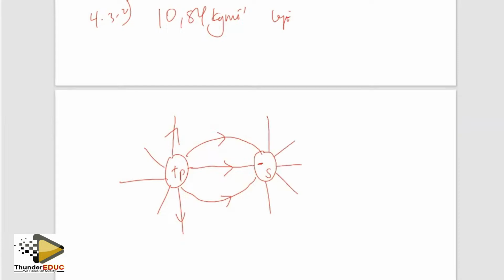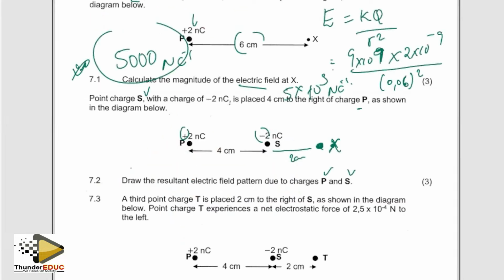It's 1, 2, 3, 4, 5. 1, 2, 3, 4, 5. Perfect. It doesn't matter how many lines are going there, for as long as there's some attraction and field lines moving from one point to the other. All right, guys. So that is how 7.2 would have been drawn.